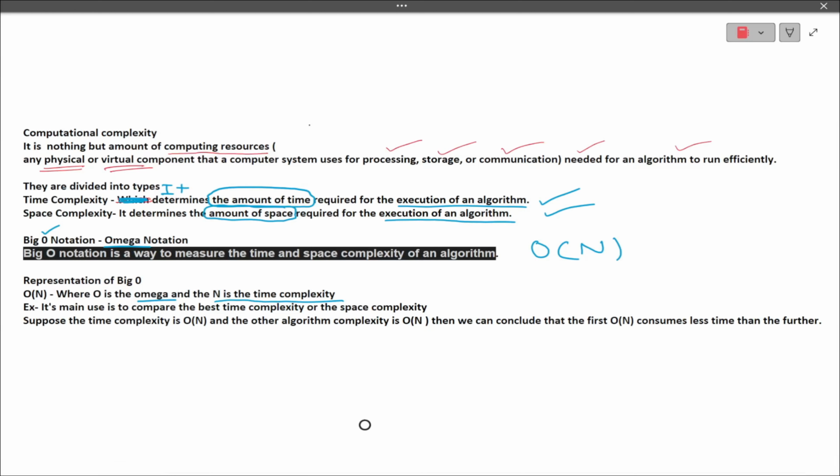So here it says its main use is to compare the best time complexity or space complexity. Whenever a program is written, if you have written a program and I have written a program, practically it's not necessary that both of our programs will be accepted by the teacher.